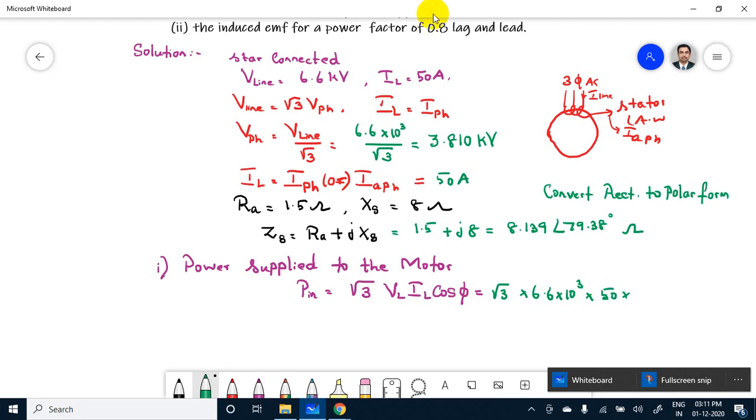You see your question, power factor is already given, it is 0.8. What is the answer? Anyone? Power factor is already given in your question itself, it is 0.8. Please give me the final answer. P in, how much?